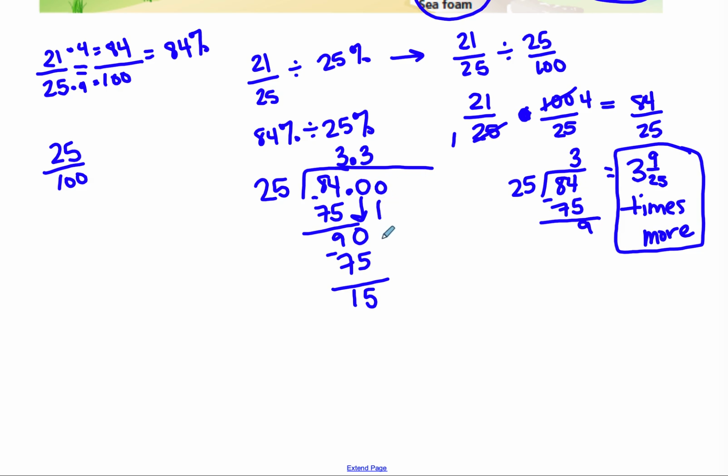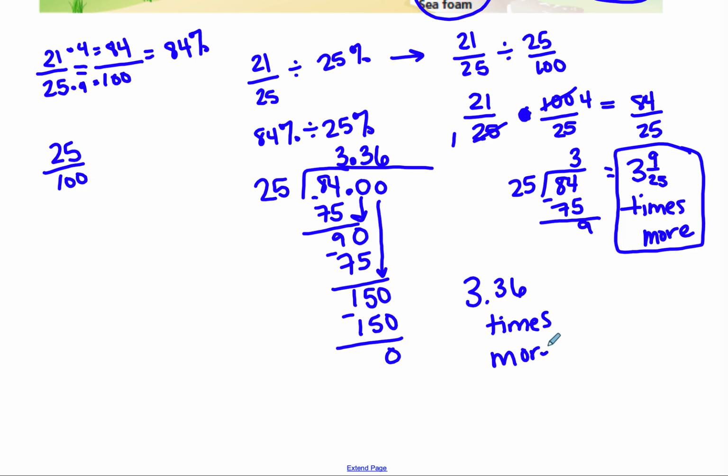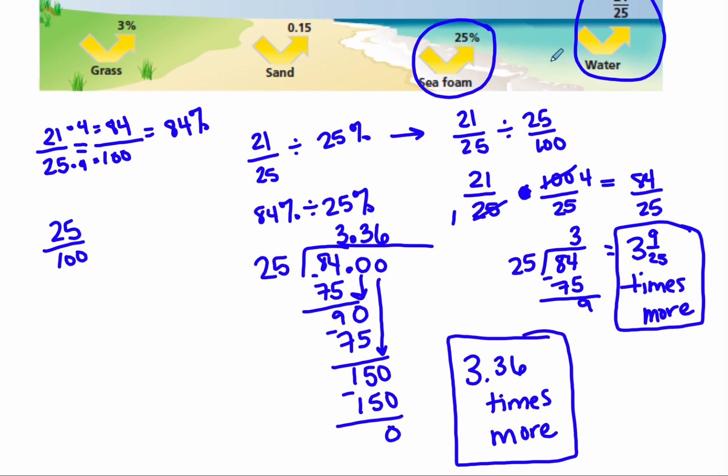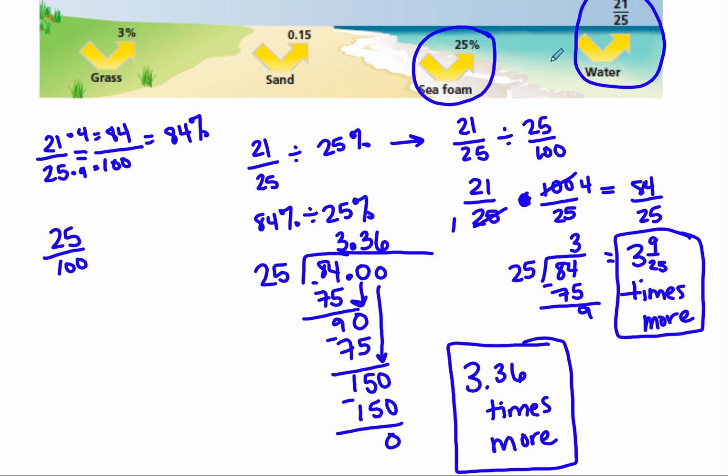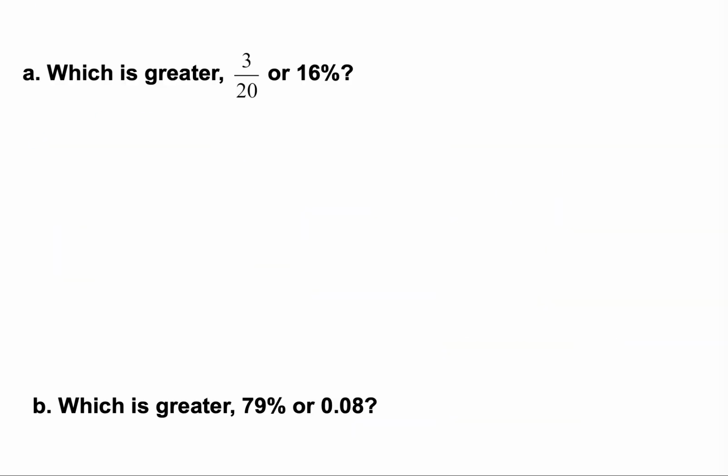I would need to add a 0, bring it down. And 25 goes into 150 6 times exactly. So I could have also had 3 and 36 hundredths times more as my answer. It means the same thing. So up to you if you want to divide with the decimals, divide with the percents, divide with the fractions, but you do need to make those numbers into the same form before you do the division.